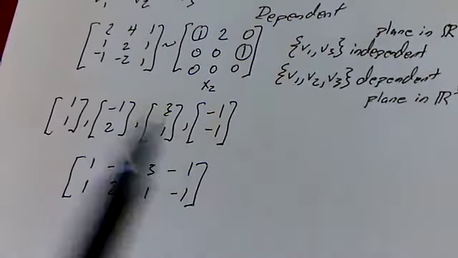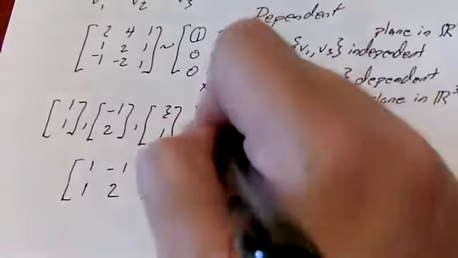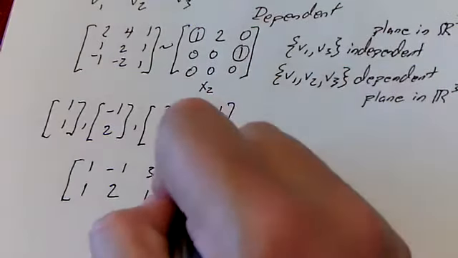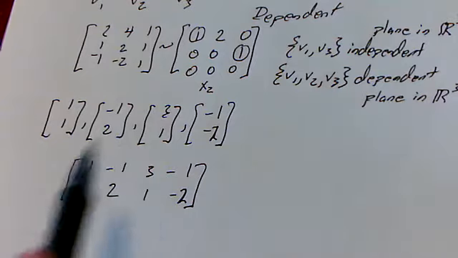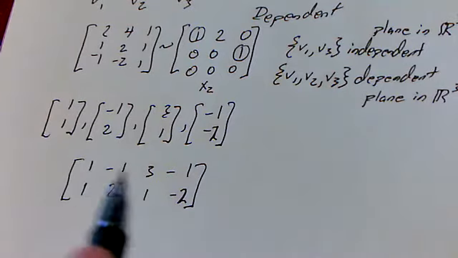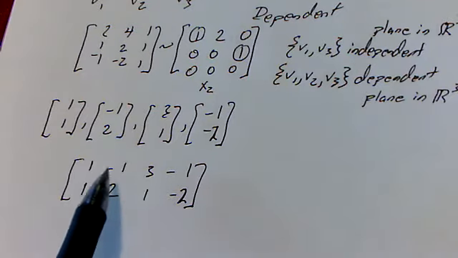Notice that none of these vectors are multiples of each other. I can't multiply one and get another one. But if I look at my matrix, the most pivots I can have is 2. Remember, you can only have one pivot per row.